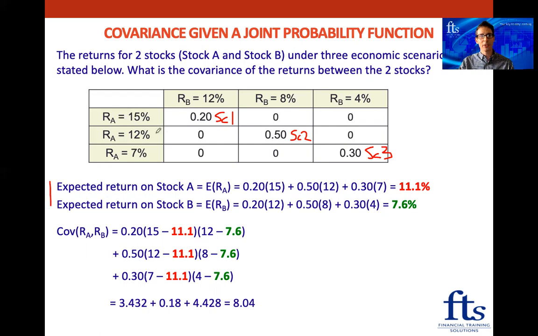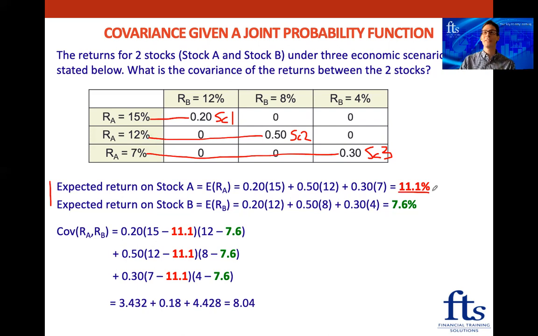So let's do it for stock A. Stock A's returns are down here. There's a 20% chance we get 15%, a 50% chance we get 12%, and a 30% chance we get 7%. That's just our weighted average, our expected return of stock A. I put it in red over there.